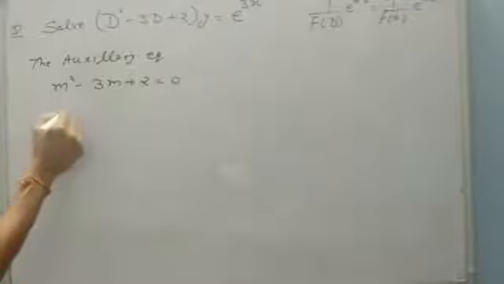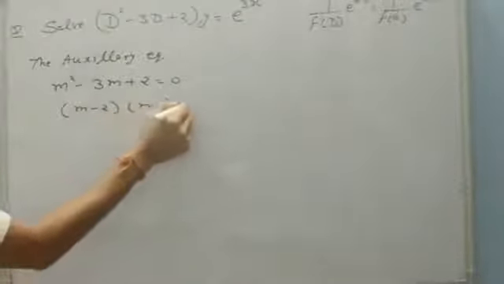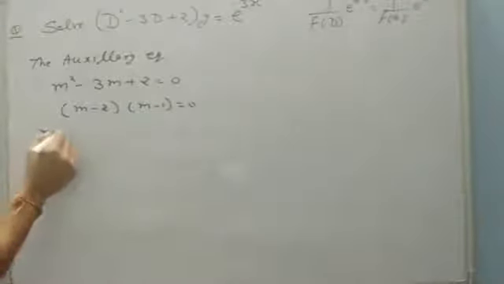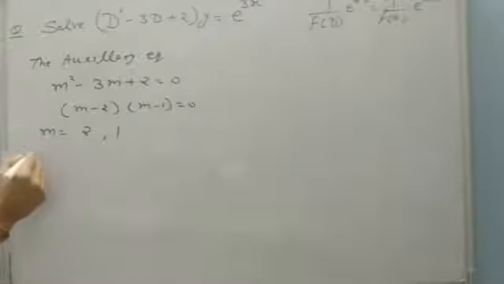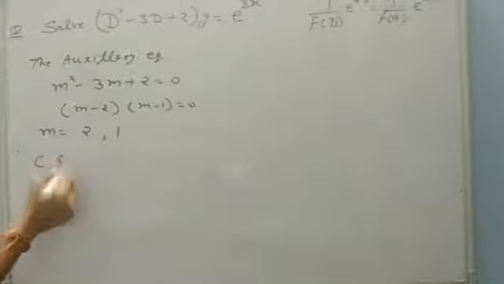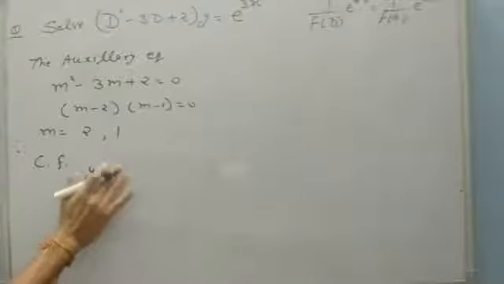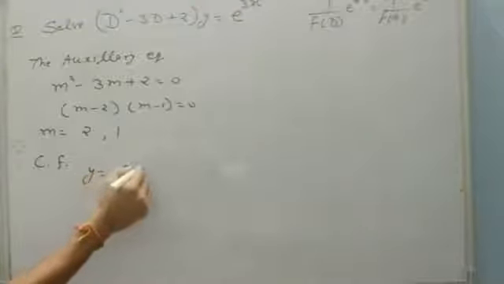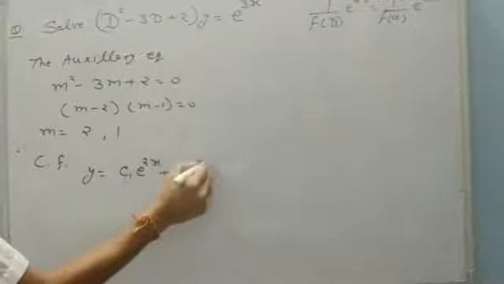So I can say (m minus 2)(m minus 1) equals 0. So m equals 2 and 1. Therefore, the complementary function CF is y equals c1 e to the power 2x plus c2 e to the power x.